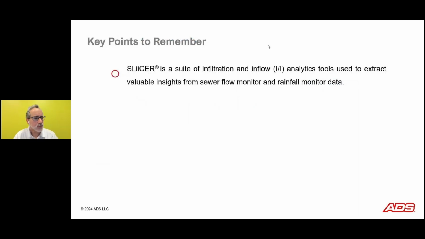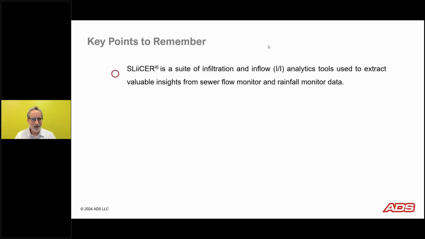So just some key points I want you to remember today about SLiiCER. SLiiCER is a suite of I&I tools that's used to extract valuable insights from flow monitor and rainfall data. A lot of times we find people feel inundated or overwhelmed with data.